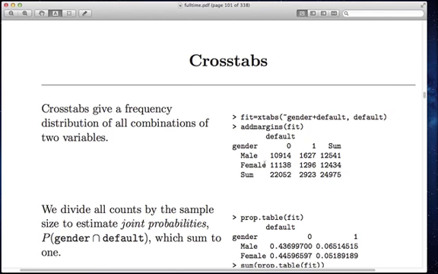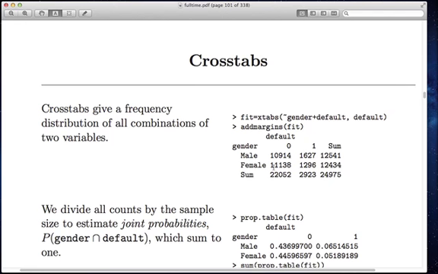I've got two variables: whether the customer defaults or not, and the customer's gender. This is what a typical crosstab looks like. They look just the same from SPSS or SAS or Minitab. This one happens to be from R.